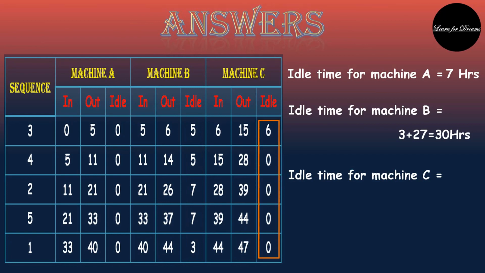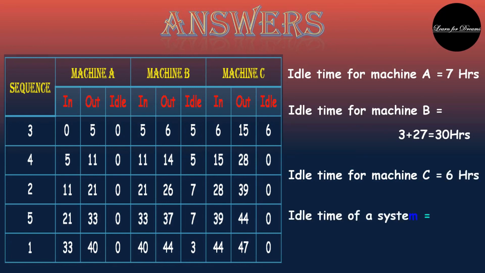Idle time for machine C is equal to 6 hours. Idle time of the system is equal to idle time on machine A plus idle time for machine B plus idle time for machine C, which is equal to 7 plus 30 plus 6 equal to 43 hours.